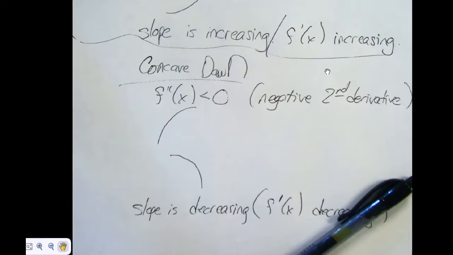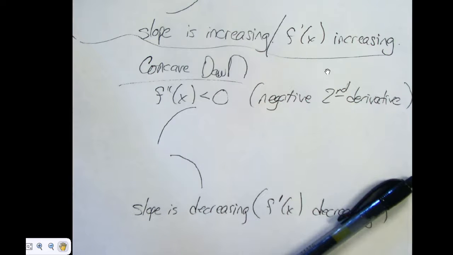Second derivative positive means f of x is... Those three are all the same statement. I'll leave that on the board so we can make reference to it for a little while.